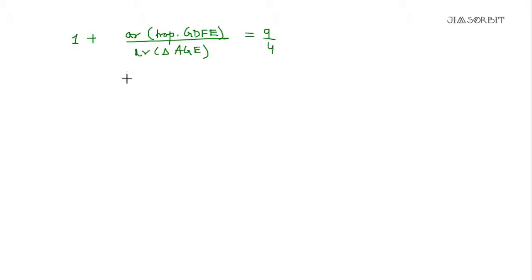Sending the 1 across, it becomes 9/4 minus 1, which is 5/4. So trapezium over triangle is 5/4, and taking the reciprocal, we can easily say this will be 4/5.